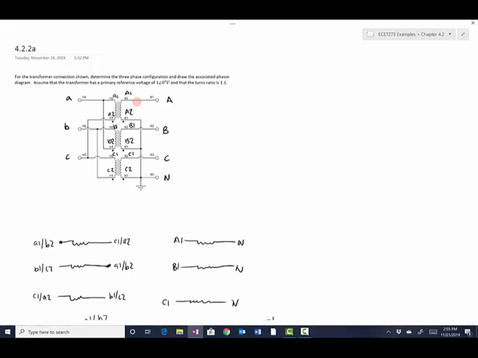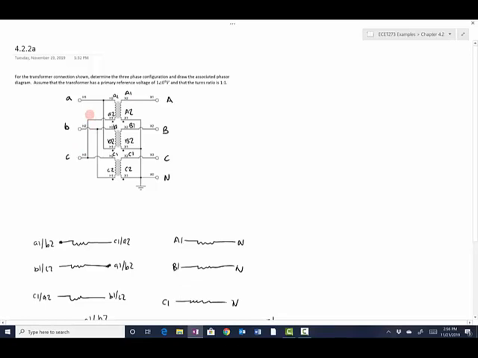So the technique we want to use here is that we want to start by just picking a reference voltage on the primary side, and we'll choose the A phase on the primary side. So if it's a Y connected generator, transformer on the primary, we'd use VAN as our primary. If it's a delta connected, we're going to use VAB as our reference voltage. And so we have already determined this is a delta connector, so we're going to use VAB.